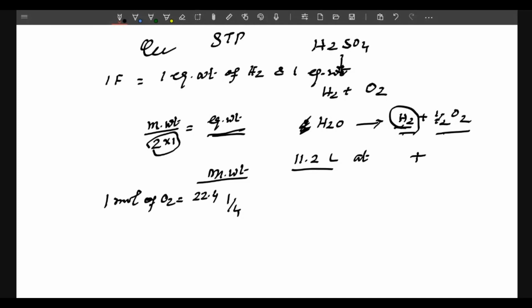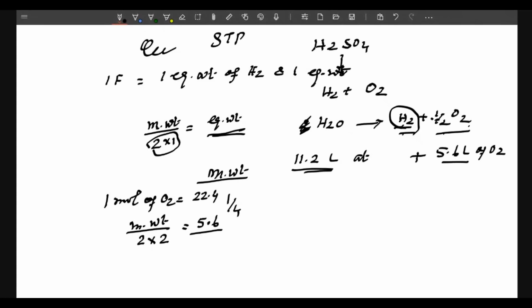Here, for the valence factor, half a mole is there and the valency is 2. Therefore, 1 by 2 into the valence factor of 2. Therefore, 5.6 liters, this we have already seen. Therefore, 5.6 liters of oxygen are evolved.